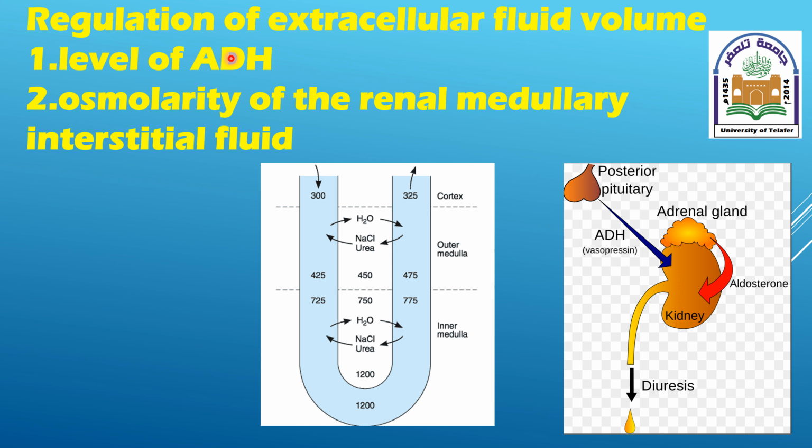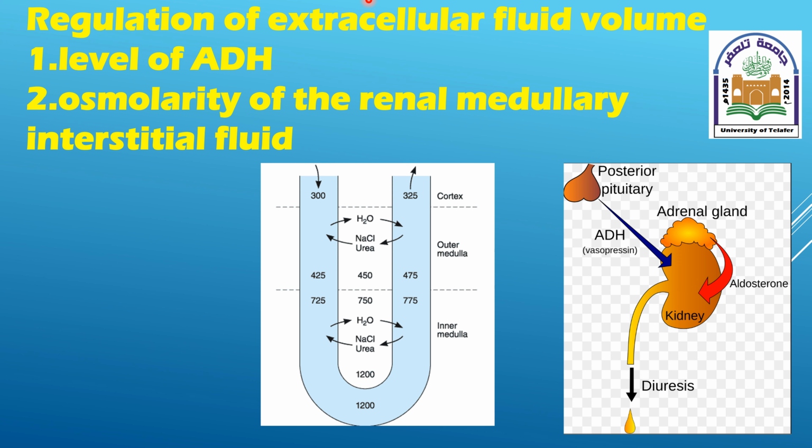In such conditions, antidiuretic hormone will be secreted in large quantity, and this hormone acts on renal tubules to increase water reabsorption and decrease urine volume, resulting in formation of a small amount of concentrated urine.